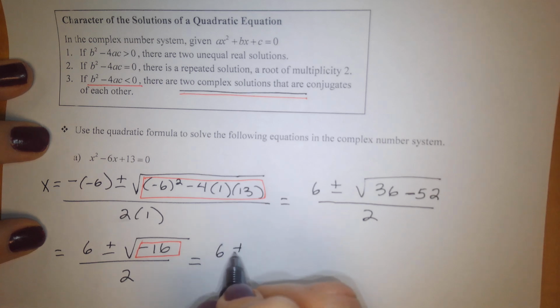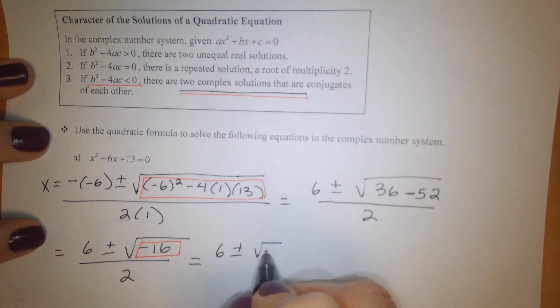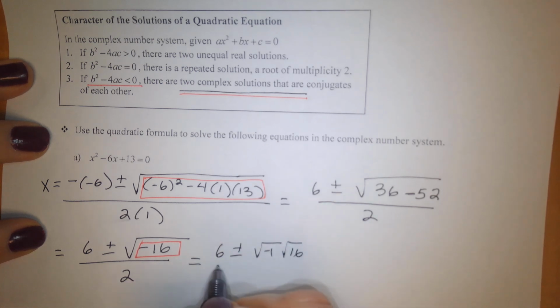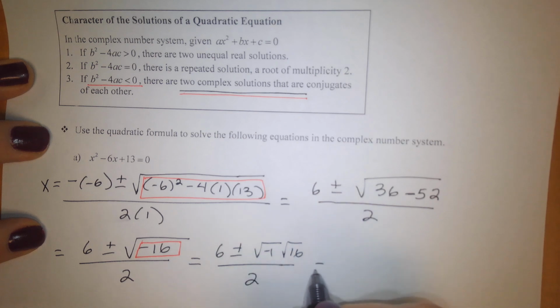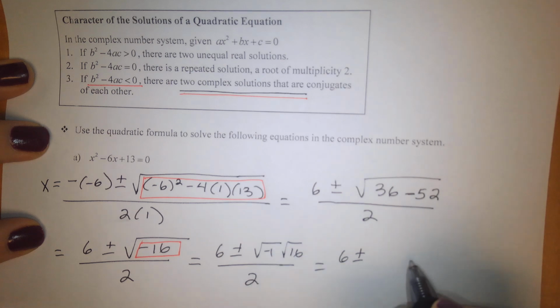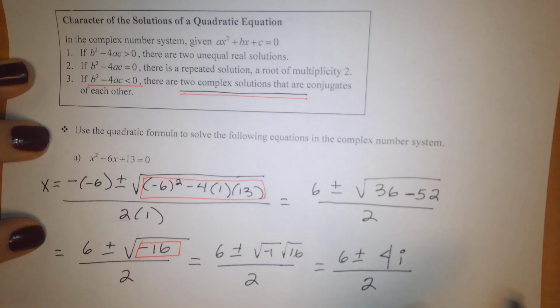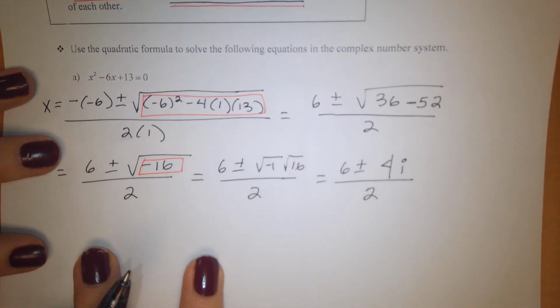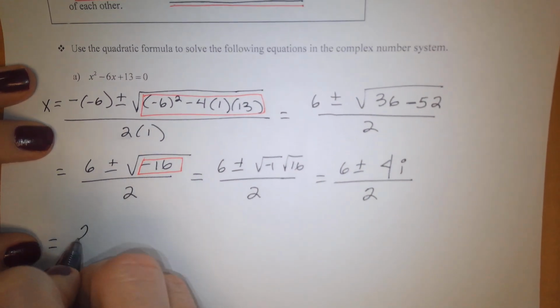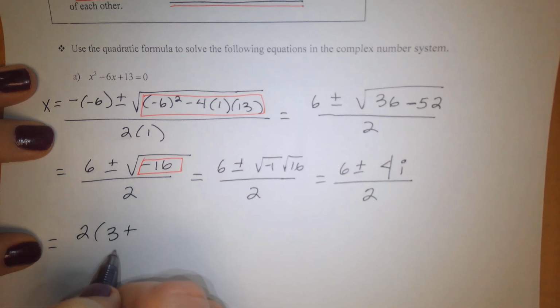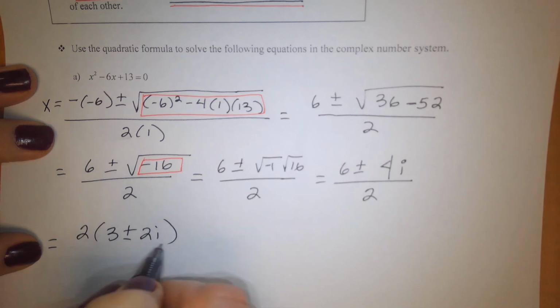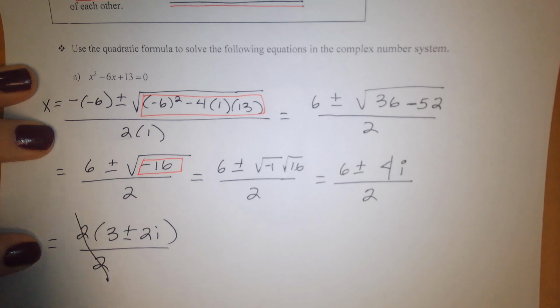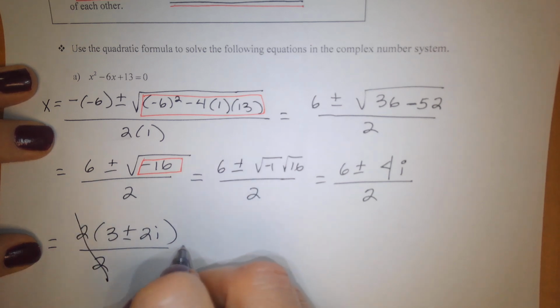So simplifying this, we have the square root of -1 times the square root of 16. The square root of -1 is i, the square root of 16 is 4, and this can be reduced. When I pull a 2 out of the top, I'm left with 3 plus or minus 2i inside, and you'll see that those 2's will cancel.